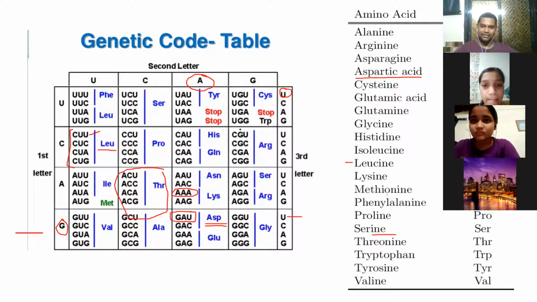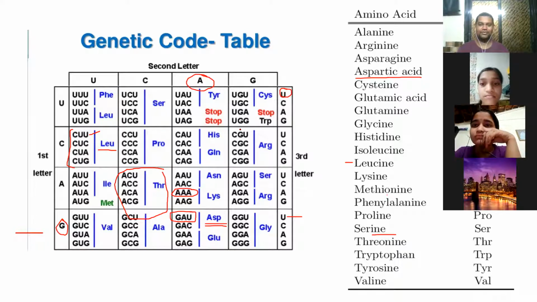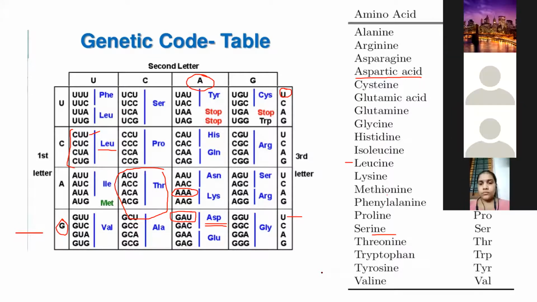Good. Next one. Tell me the amino acid for UGA. Stop codon. Yes, it's a stop codon. You did not have to search in this, right? UAA, UAG, UGA. These three are stop codons. Now, can you spot the start codon or the initiation codon?